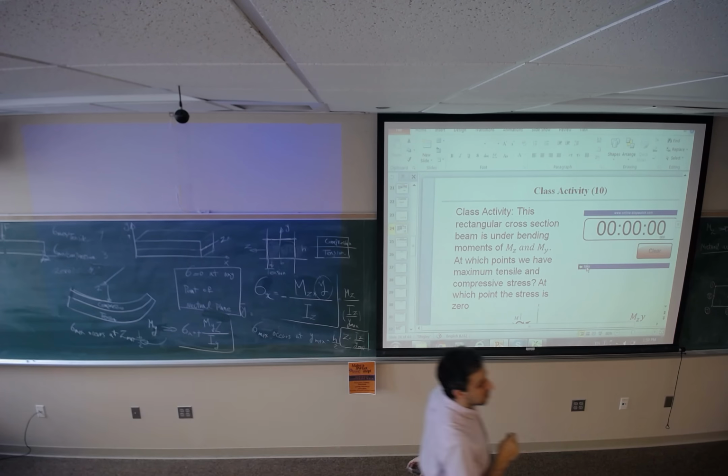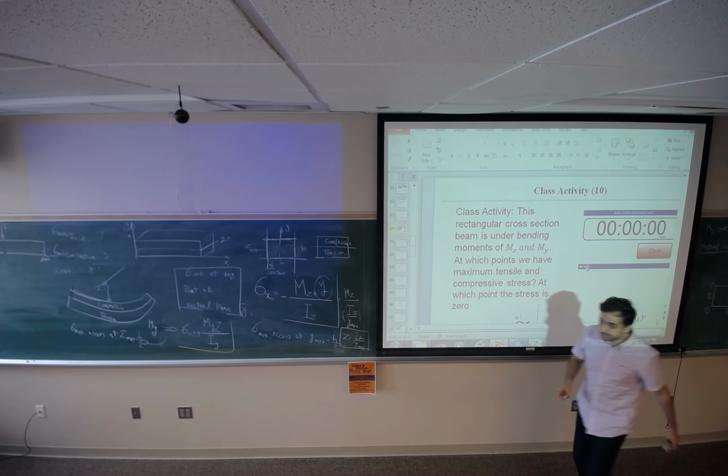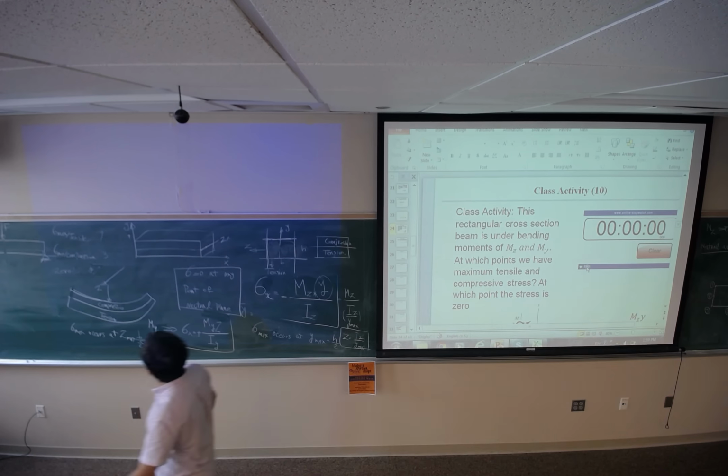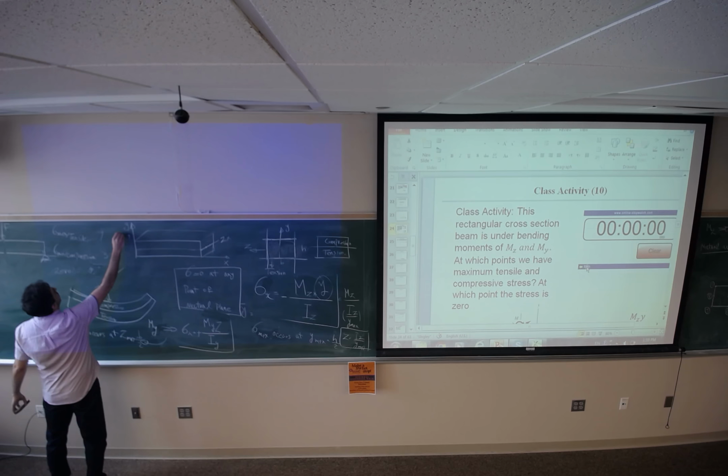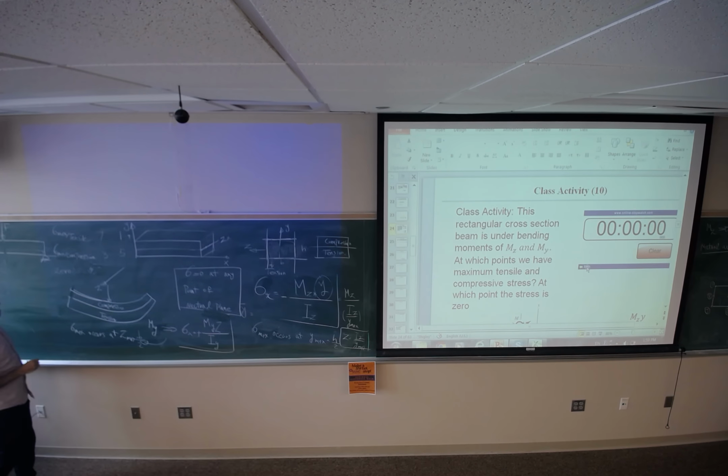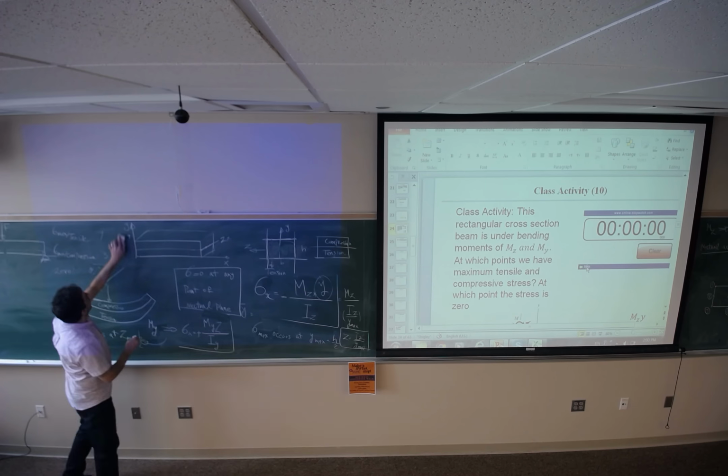One is going to be maximum compression, 5 is going to be maximum tensile, and 9 is zero stress. 1 is tensile. Yep. And 5 is compressed. Other way around. That's right. 5, 1. Yeah, 5.